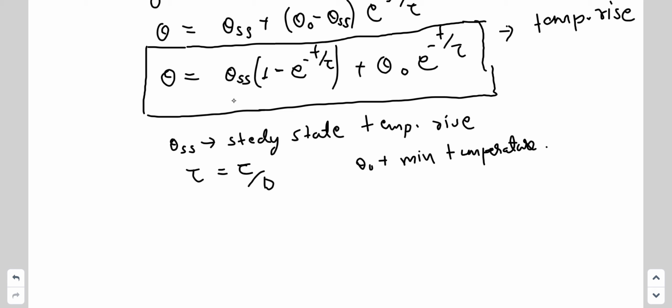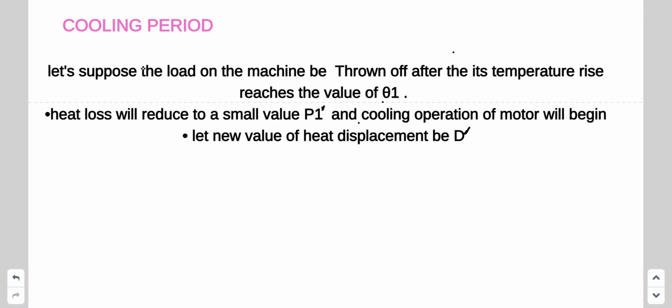Now we will derive for the cooling time. It is for the heating time. Now let's solve for the cooling period. Let's suppose the load on the machine is thrown off after its temperature rise reaches the value of theta 1. So when the temperature rises from theta 0 to theta 1, the cooling operation will begin.